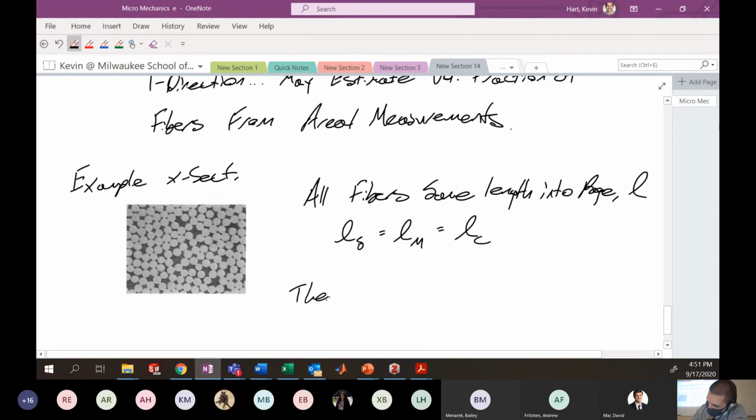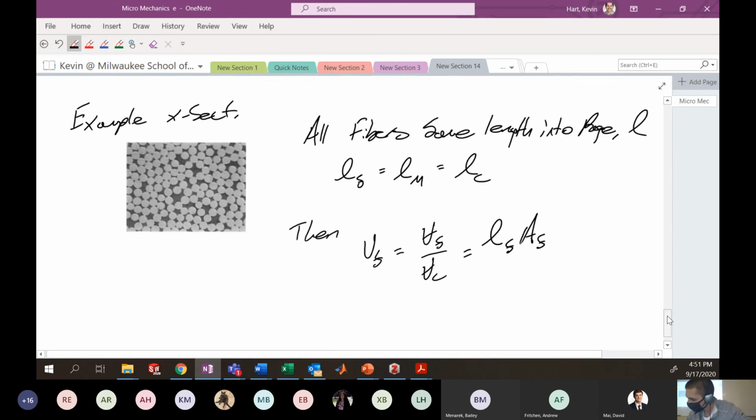If that's the case, then your fiber volume fraction, which we said before was the volume of the fiber divided by the total volume of the composite, is going to equal the length of the fiber into the page multiplied by the area of fibers that you see in this cross-section, divided by the length of the composite multiplied by the area of the composite you see in this cross-section.